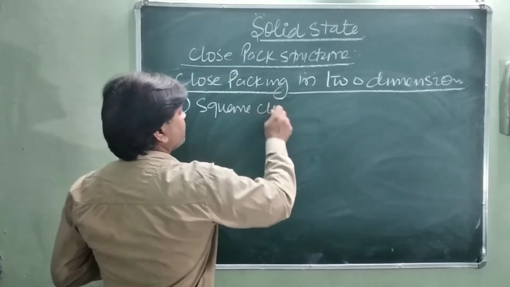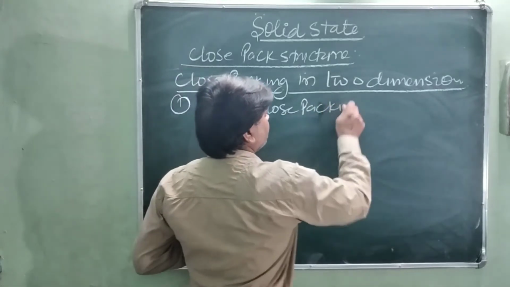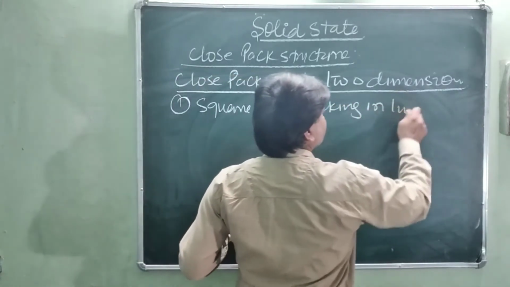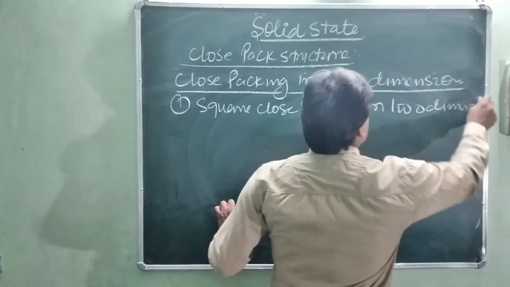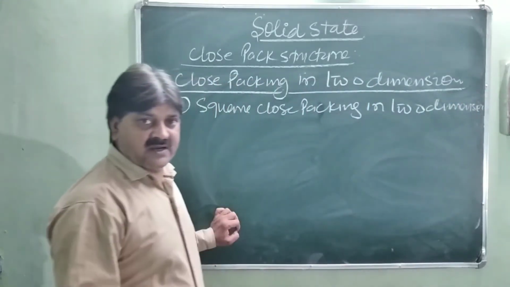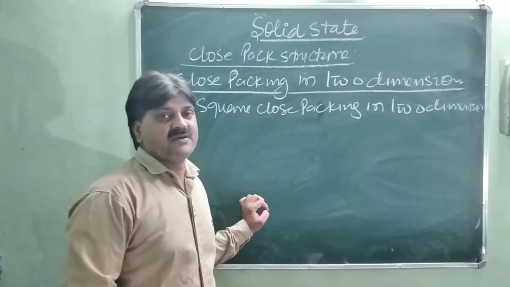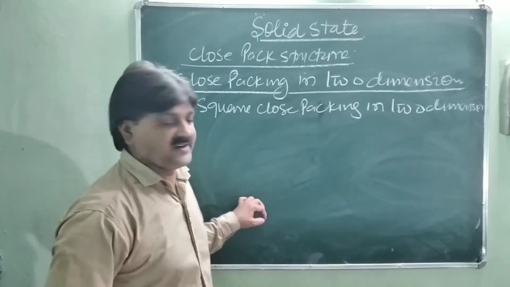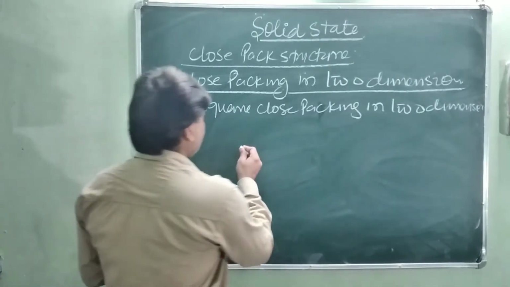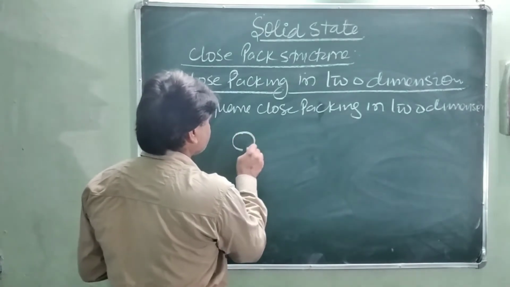Square close packing in 2 dimensions. One is placed just over the other, and it has some vacancy because this is not a very efficient kind of packing. You will see this is the arrangement in two dimensions.